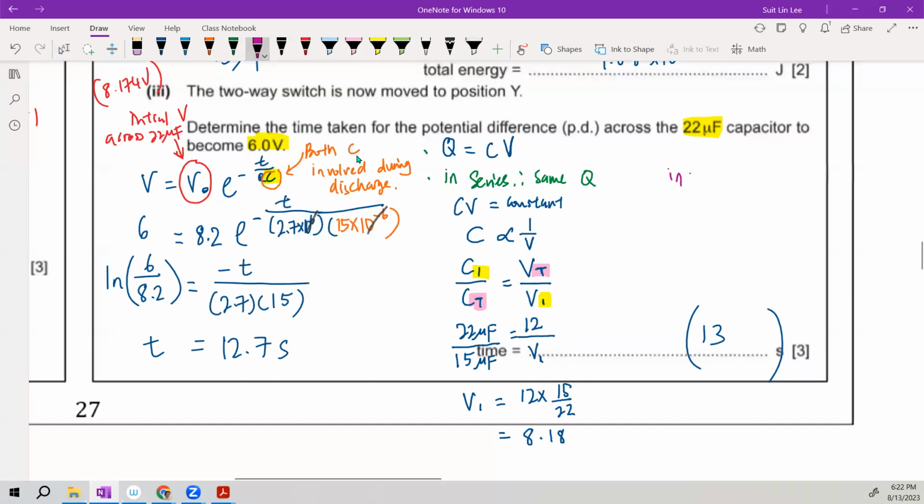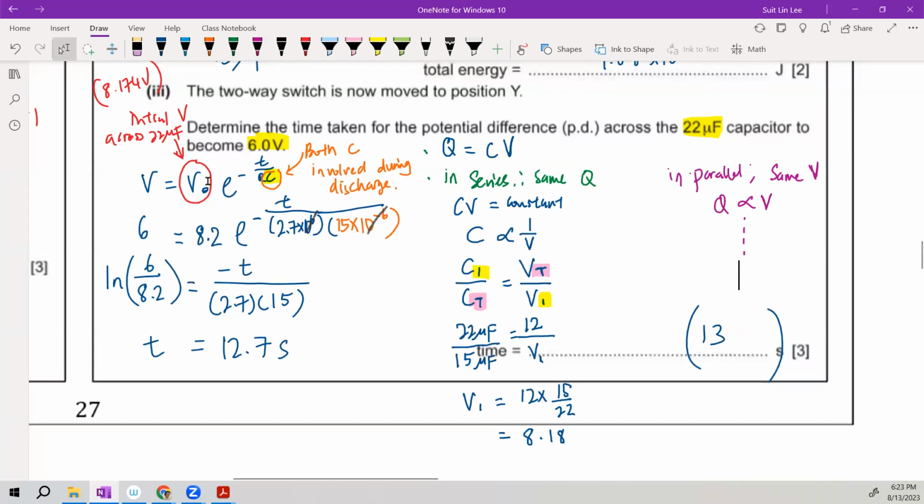Well, as shown just now in the derivation, in parallel, you have the same potential difference or the same EMF. That means Q is proportional to V. And then if needed, you will do whatever that needs to be done, so that you can find the Q naught that you need.